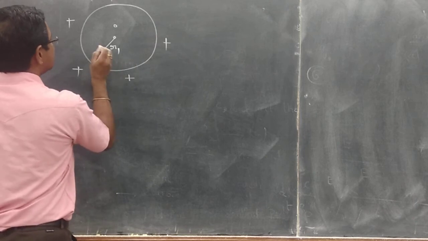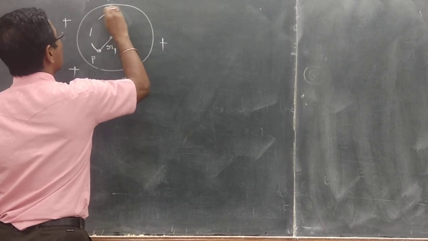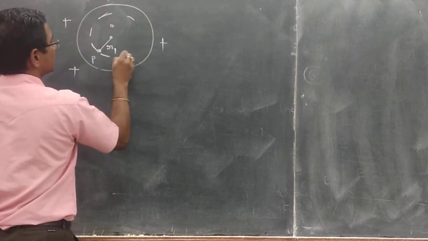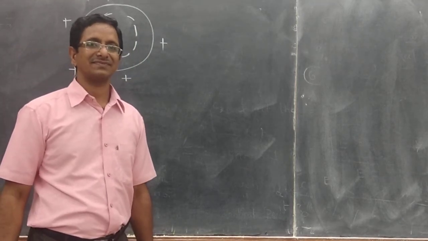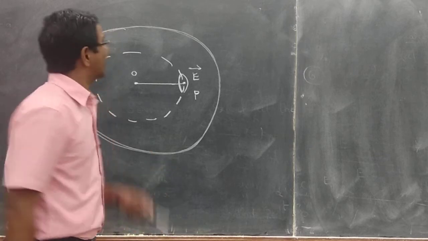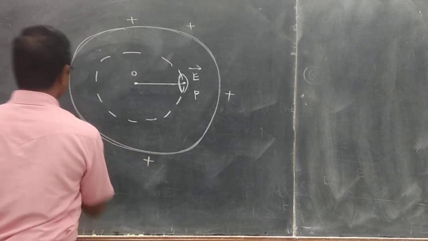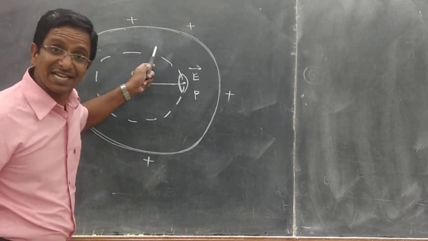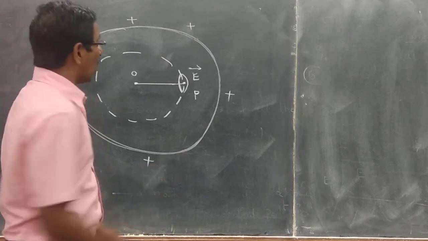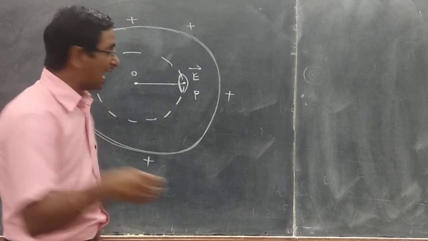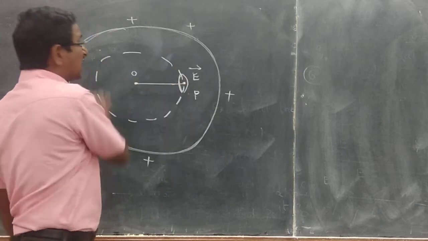This is a point P. Therefore, I draw a Gaussian surface. Now consider a spherical shell. The charge is on the spherical shell but not inside the spherical shell. Please note that point. Now our aim is to find electric field E at a point P inside the spherical shell.